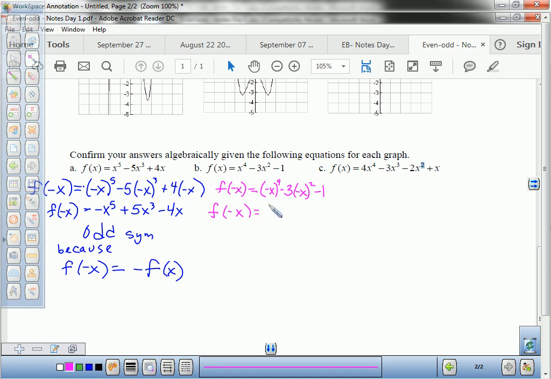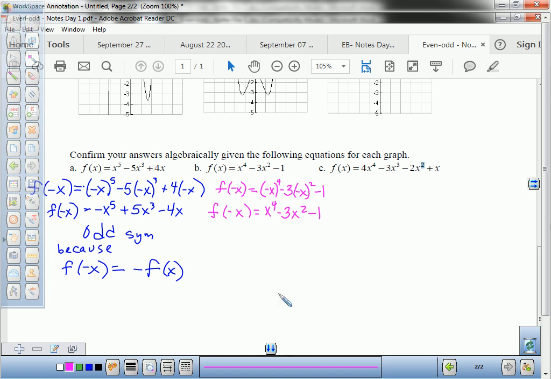All right, on to this one. A negative number to an even power. Positive or negative? Positive. So here when I square this negative x, it becomes positive x squared. What's positive x times negative 3? Negative 3x squared. And then a negative 1. All right, we have to compare every single term in the original function with every term when we plugged in the opposite of x.